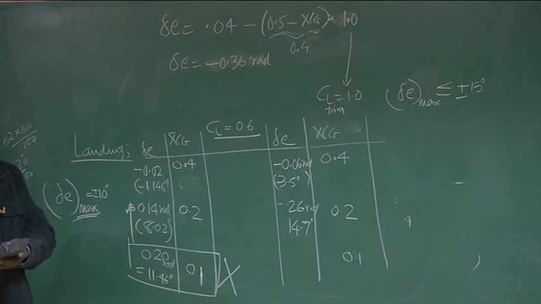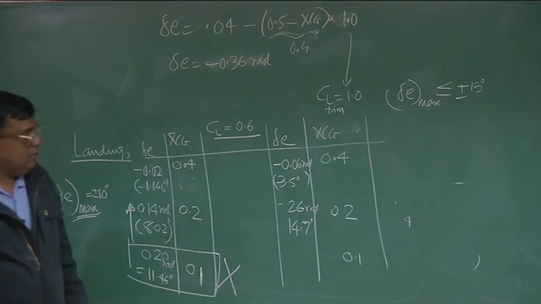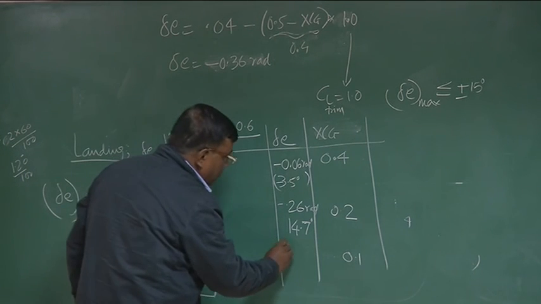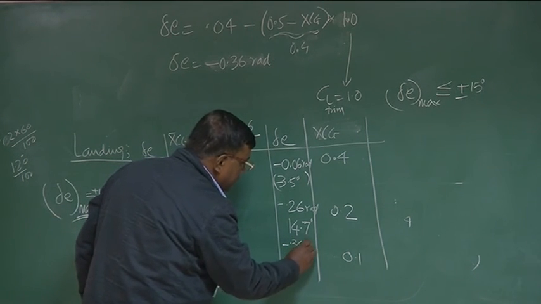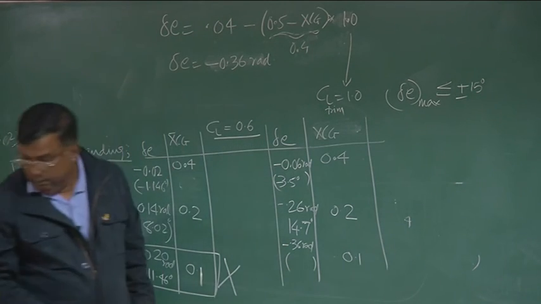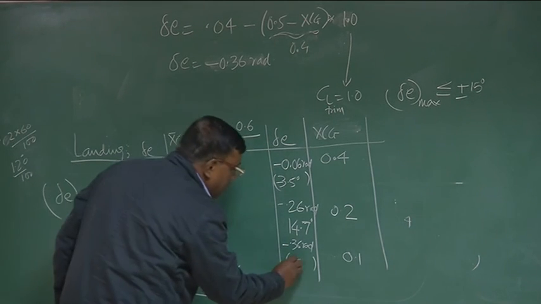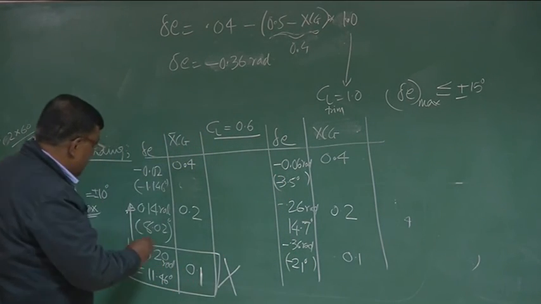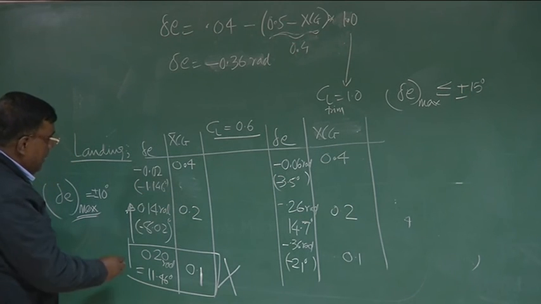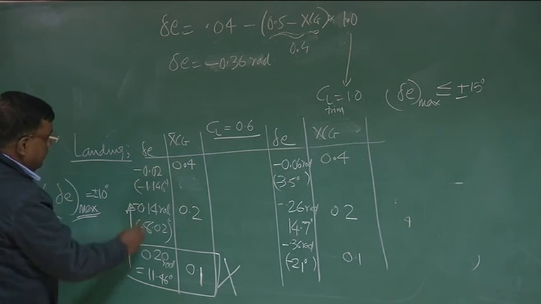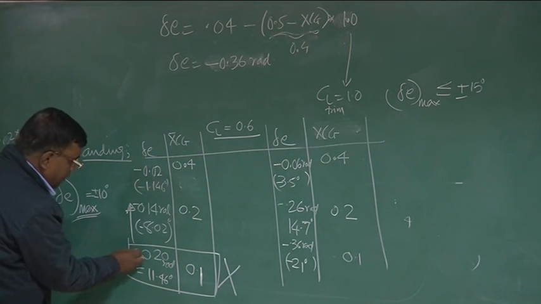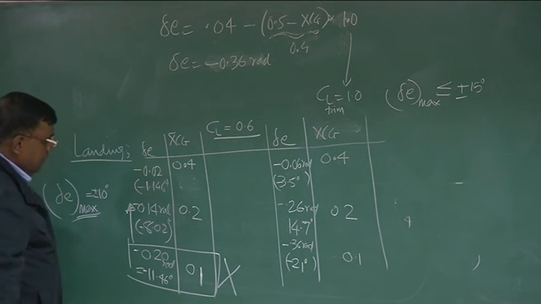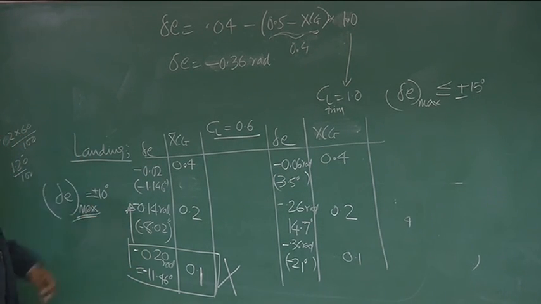Let us calculate. 0.36 into 57.3 is equal to 20.6 degrees. So this gives me minus 0.36 radian, and that means 20.6 degrees, so around 21 degrees. All are minus, right? Wherever I'm writing, this is minus. Please understand this. It's also minus. This is also minus. This is minus. One minus I had missed, I'm correcting it here.